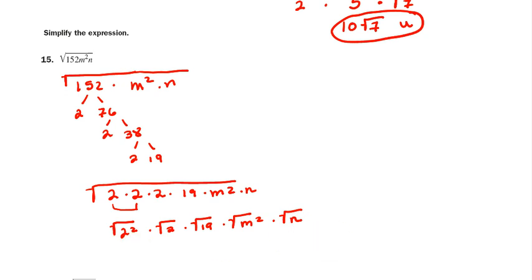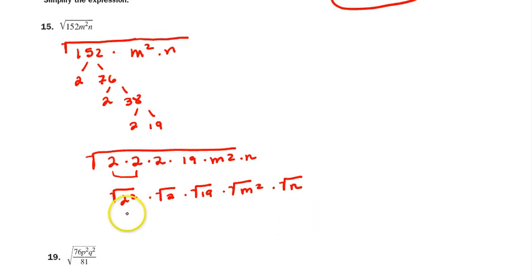Now, which of those can I find the square root of? Well, this would be 2, because these are inverse operations. I can't simplify this one, so I'm left with the square root of 2 times the square root of 19. This simplifies to m, and this has to stay the square root of n.